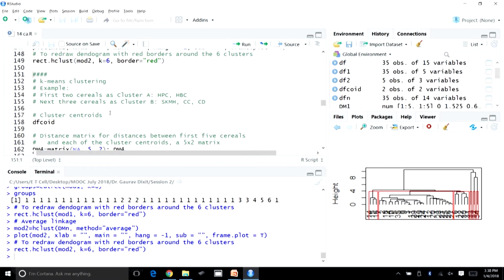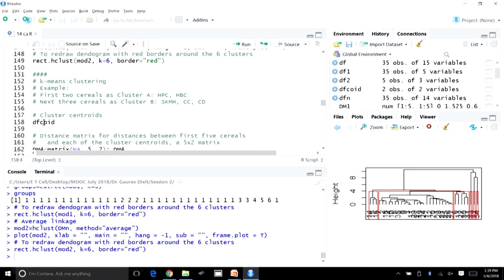So, let us consider that the first 2 cereals are part of one cluster, cluster A, HPC and HBC, a similar exercise like we did in HAC. The next 3 cereals, let us assume they are part of cluster B. These cereals are SK, MH, CC and CD. So, centroids for these 2 clusters we have computed before as well.